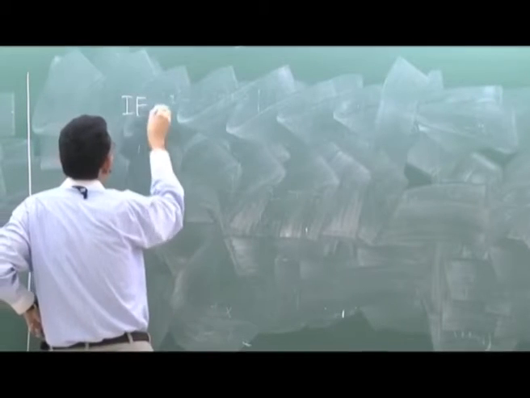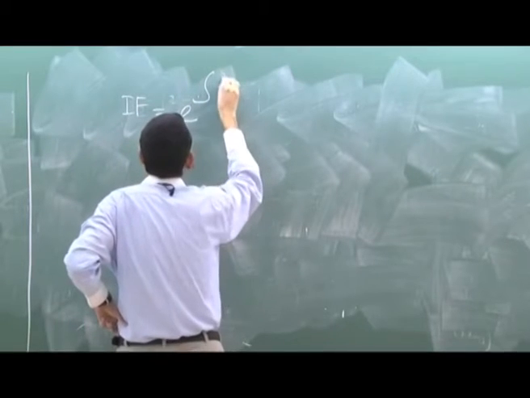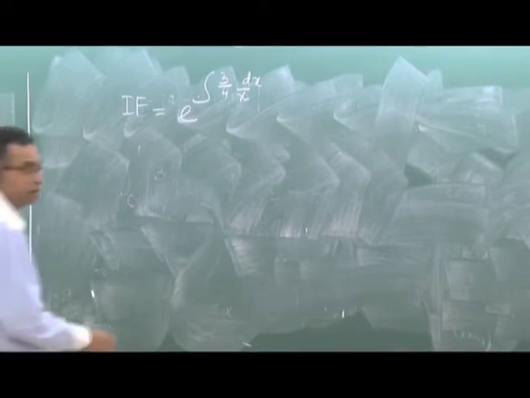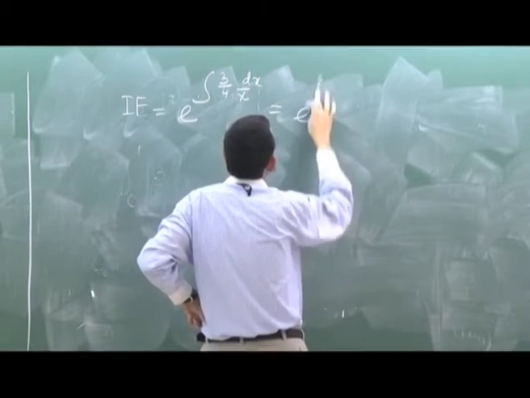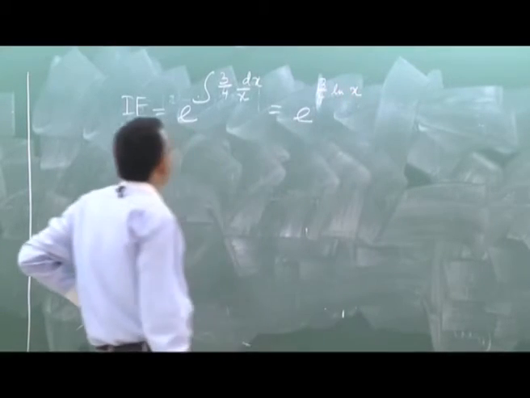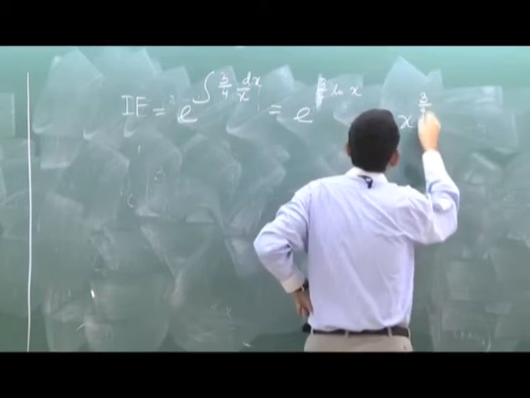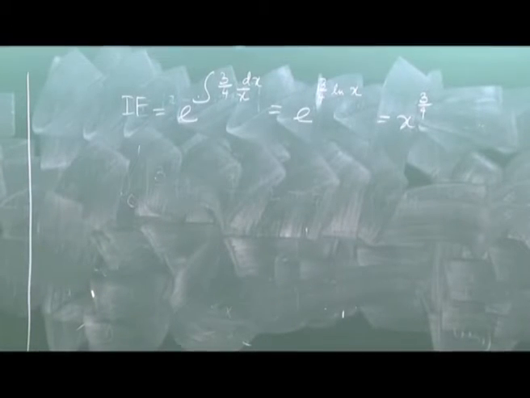So integrating factor e to the power integral, right. So e to the power three by 4 ln x. So x to the power 3 by 4, right.